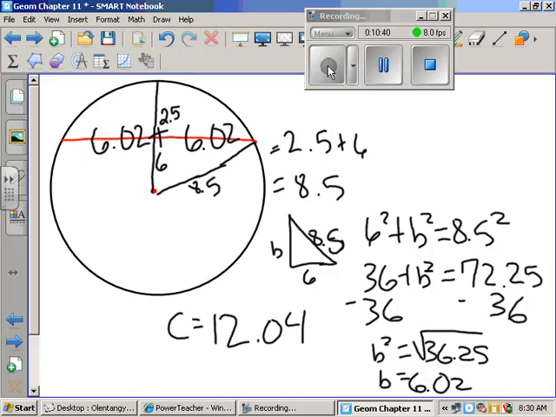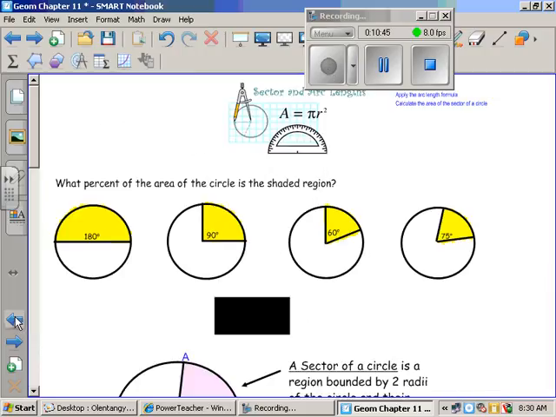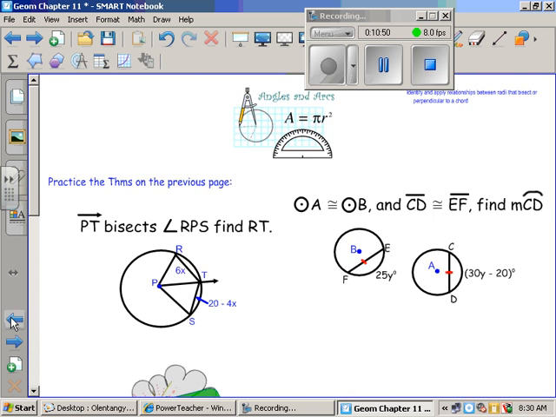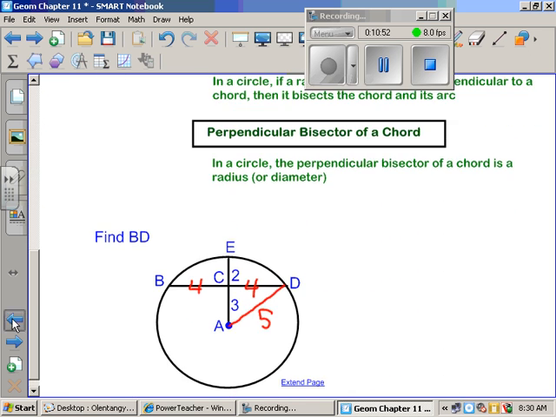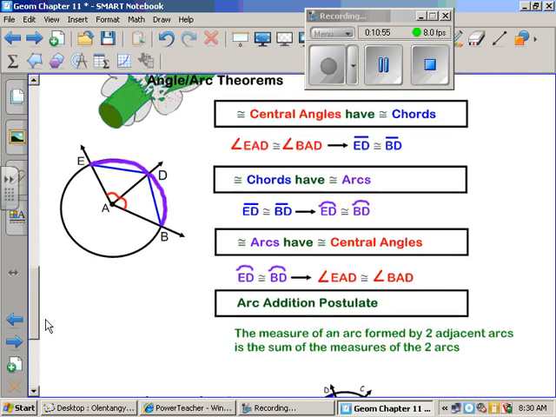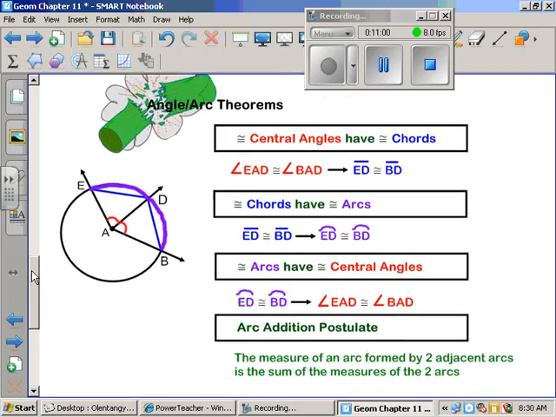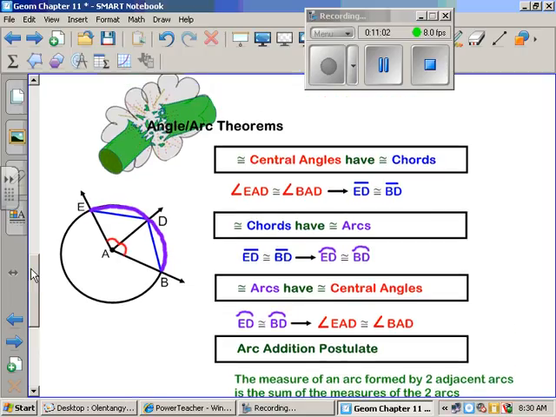Okay. All right, and then the very last thing, we've been assuming it all along, but I just want to make sure we all are on the same page, and that is when you draw a central angle, if you bisect that central angle, it creates two congruent arcs and two congruent chords.